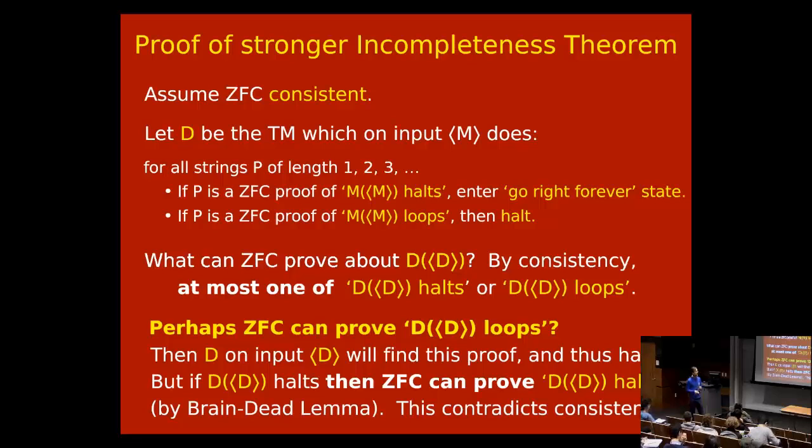And then we're using the brain-dead lemma to upgrade that statement from "this statement is true" to the stronger version, "there is a proof of this statement." And we can do that because this is a very simple statement. If D of D halts, there's definitely a proof that D of D halts. So we can move from truth to the more syntactic statement, there's a proof of this fact.